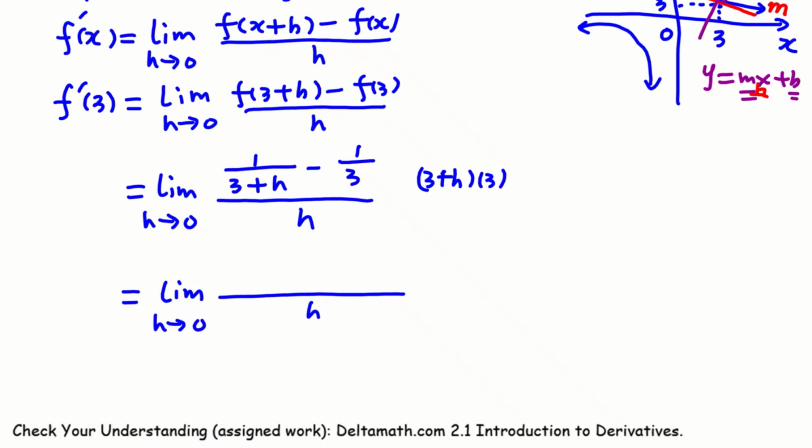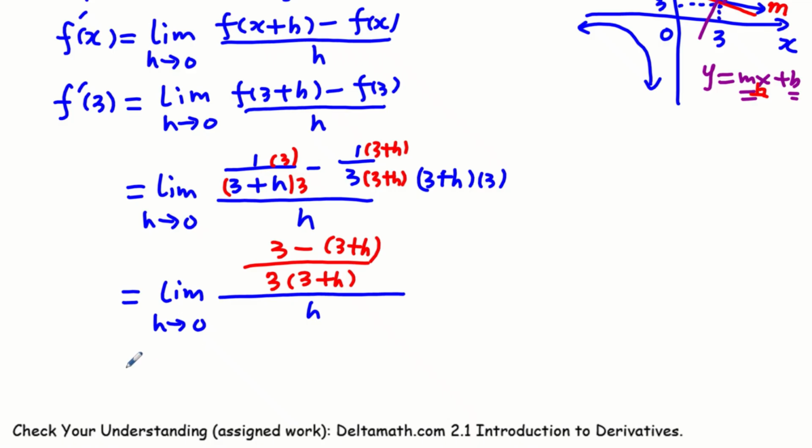So you have to multiply 3 plus h to both top and bottom, and multiply 3 to both top and bottom, to get the common denominator. Once you have the common denominator, you could just subtract or add the numerators. So 3 minus bracket 3 plus h.